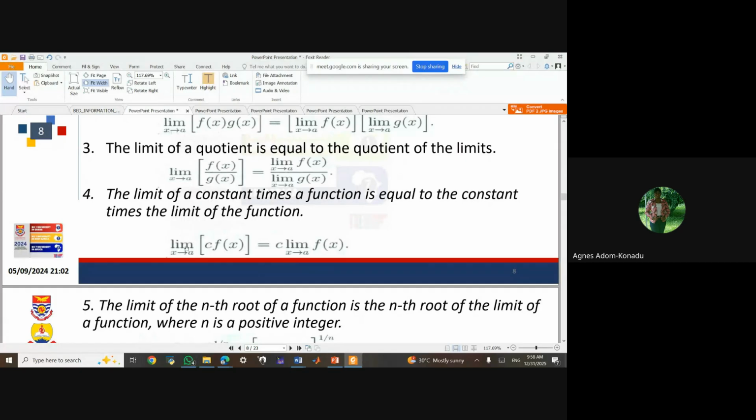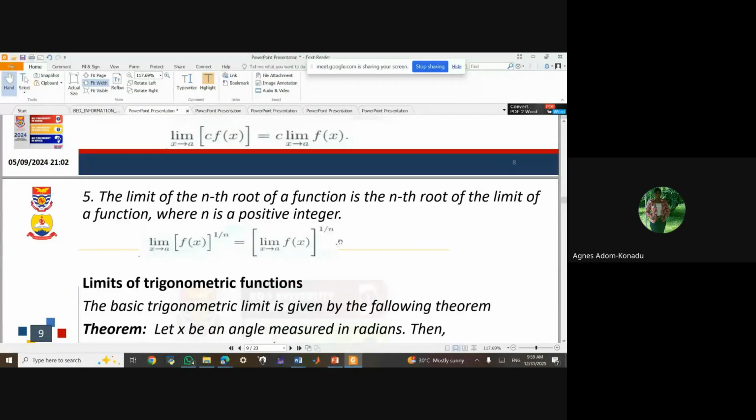If I have a constant multiplying the function, it's the same as bringing the constant out and then finding the limit of the function. And the last one, the limit as s approaches a of the nth root of a function is the same as finding the limit of the function and then taking the nth root.